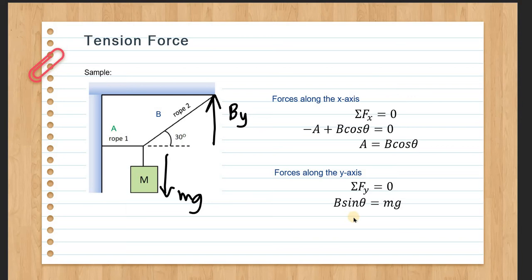Okay, so ito na lang maging equation mo. One is positive and the other one is negative, so we'll just simplify this. Okay, so you may have here b is equal to mg sine of theta, and now you have the value. You can have the value for b. Obviously, always naman given yung mass and you know the acceleration due to gravity.